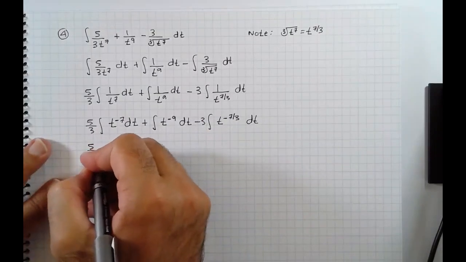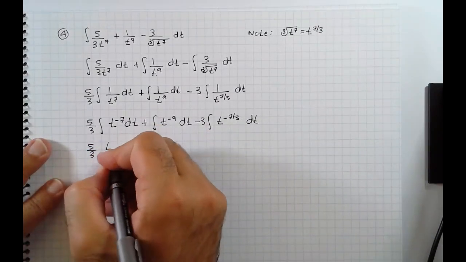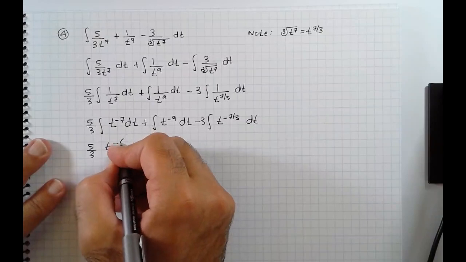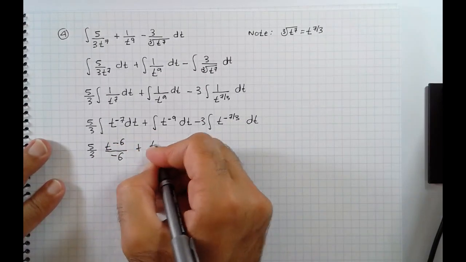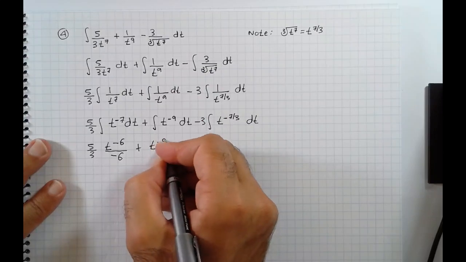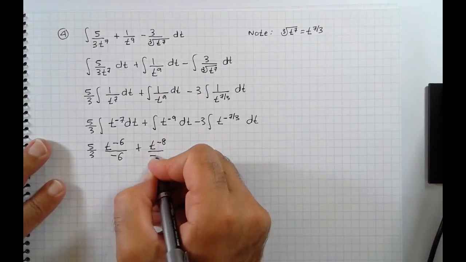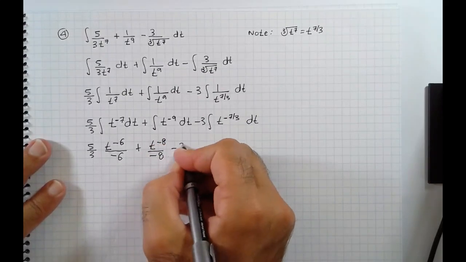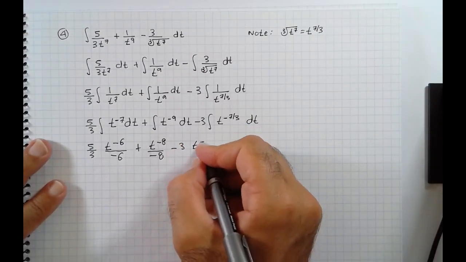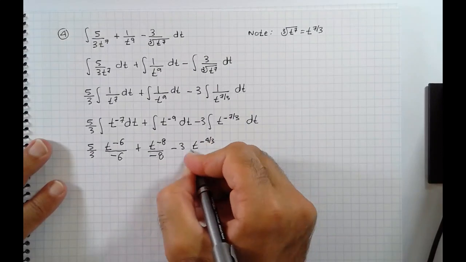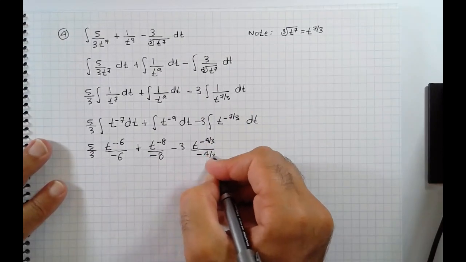So we apply the power rule, or reverse of the power rule. That's t to the minus 7 plus 1, minus 6, divide by minus 6, plus t to the minus 9 plus 1 is minus 8, divide by minus 8, minus 3, and you get t to the minus 7 thirds plus 3 over 3, that's negative 4 thirds, divided by the same number, negative 4 thirds.